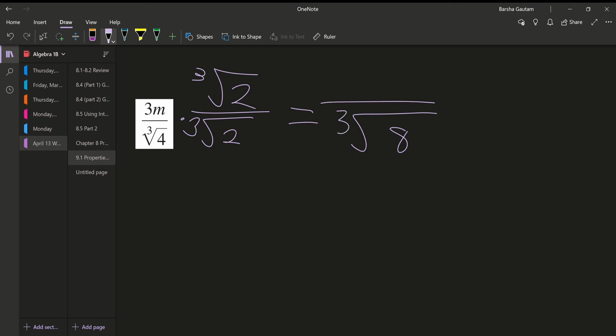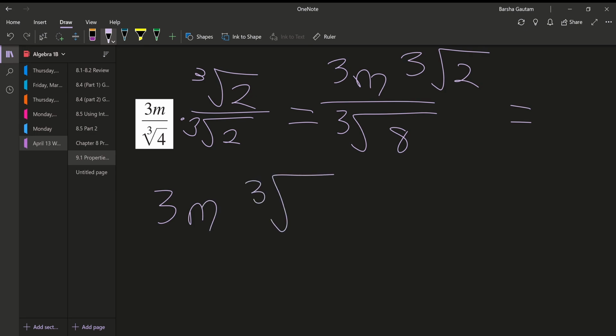And on the top, we're left with 3m and this. So now, let me fix this. Now the cube root of 8 is 2. So we're able to get rid of this symbol down here. And that's it for today.